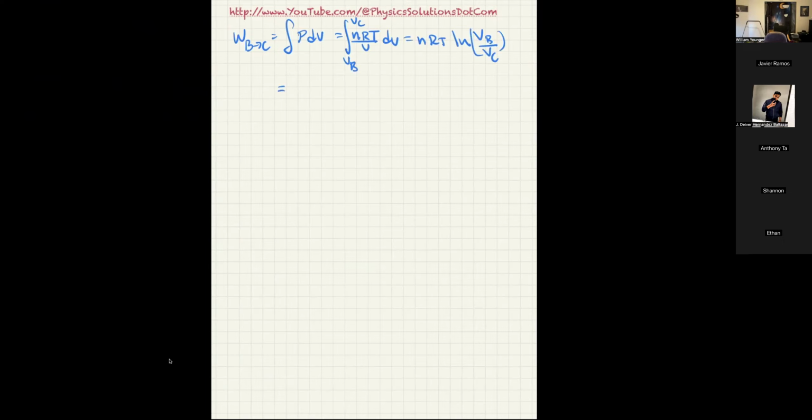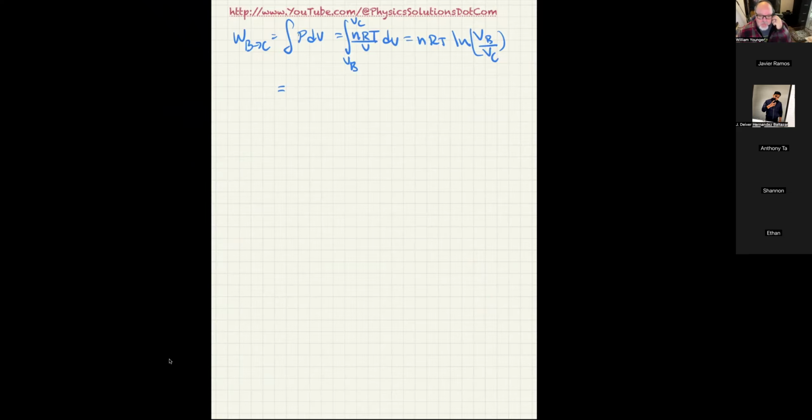So with this in mind, I've got N, which was 1 mole of gas if I remember correctly. I think, or I might not have had to. I don't know what the moles are, but I can get rid of that NRT a little bit later.